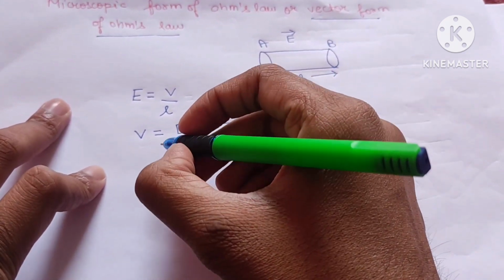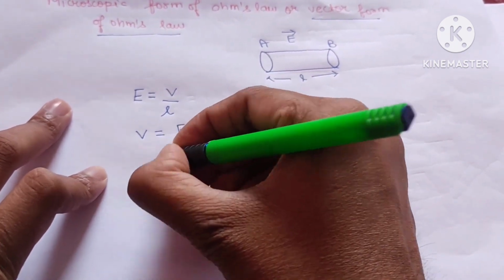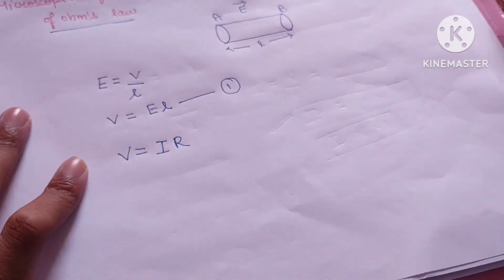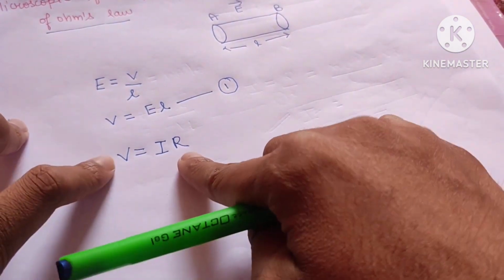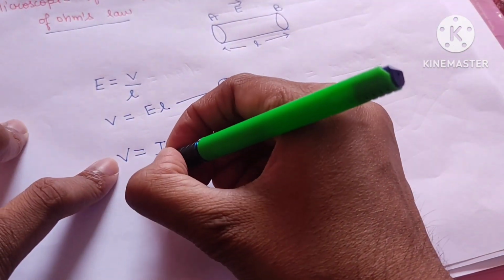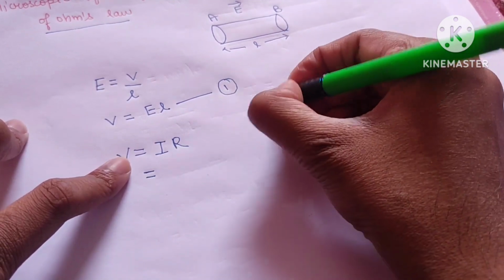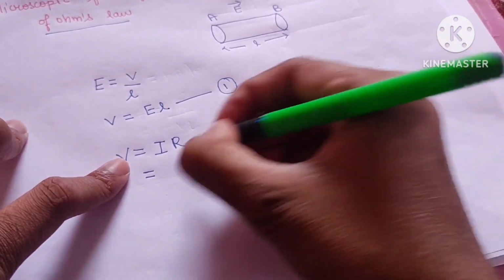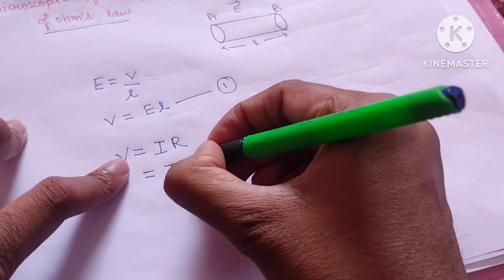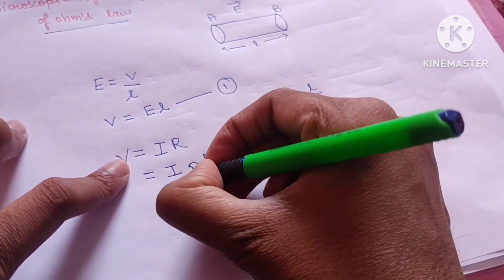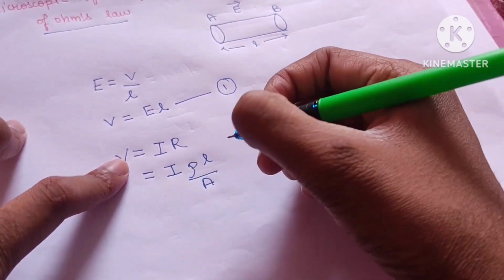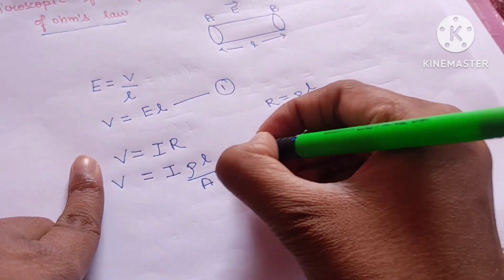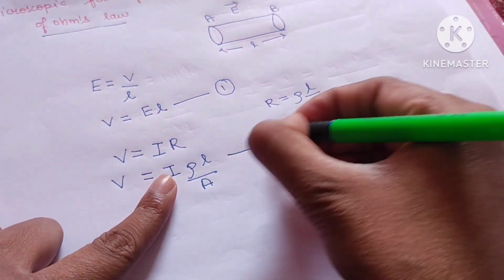And we know V is also equal to IR, from Ohm's law. Now we'll put the R value, where R is equal to resistivity rho L by A. So instead of R we'll put rho L by A. This will be equation 2.